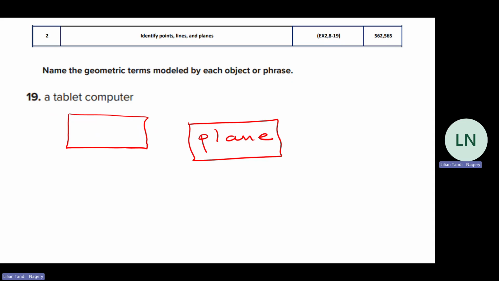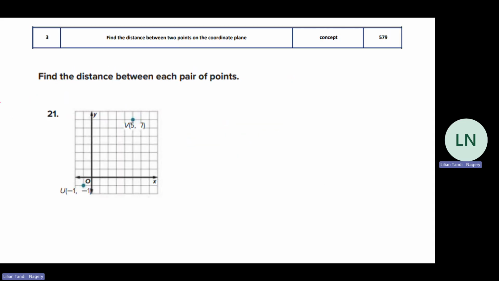Okay. All right. This question asks you to find the distance between each pair of points. So this is x1, y1, x2, y2. You have to label your points. It tells you to find distance. You have to remember the formula.